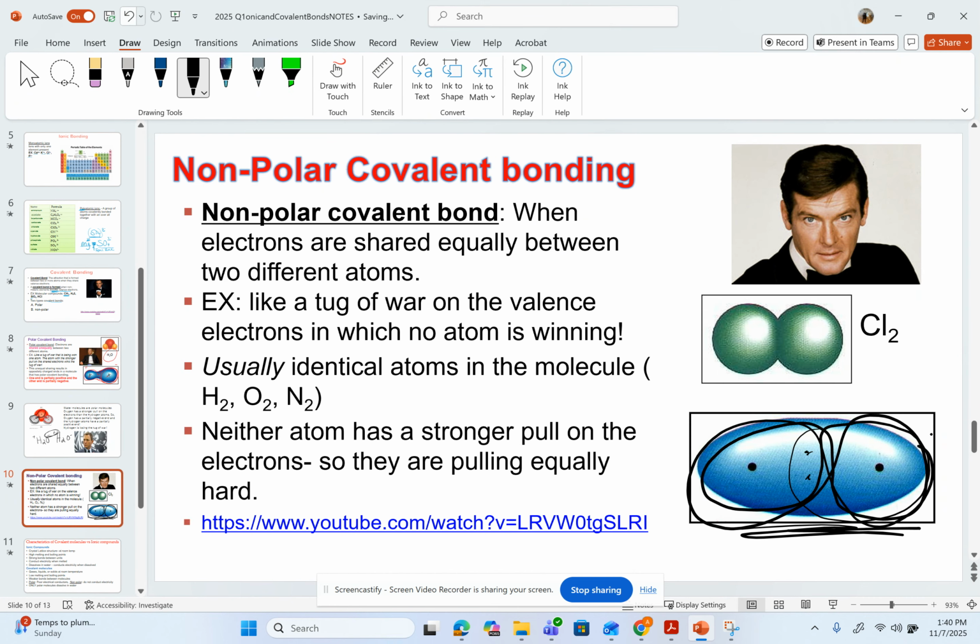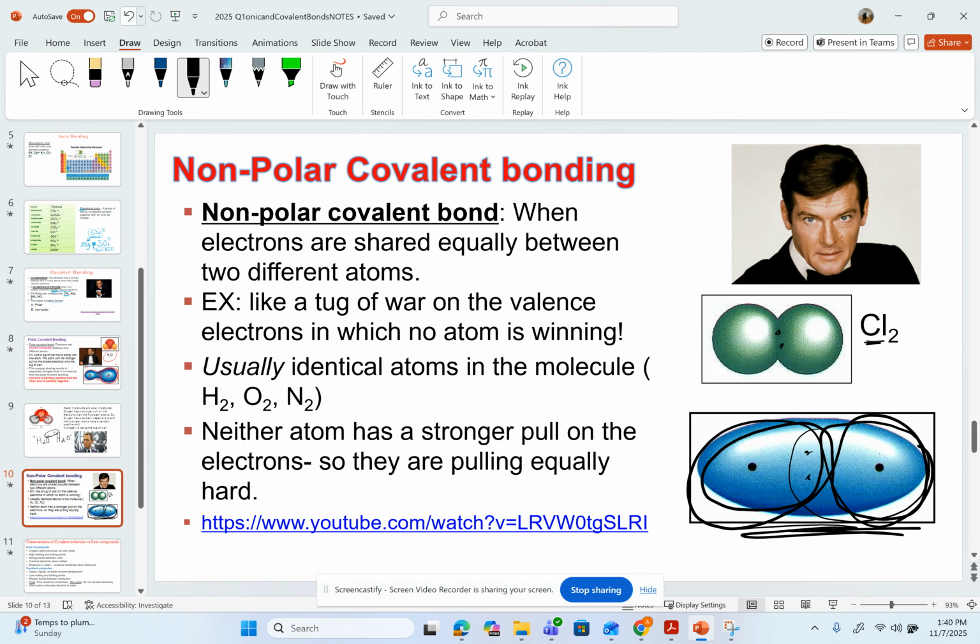So that cloud density is the same on both sides. Usually nonpolar covalent bonding occurs between atoms of the same type of element. So with two chlorine atoms, chlorine is going to have the same pull on these two electrons, and so you don't have any polarity. Neither atom has a stronger pull on the electron, so they are pulling equally hard.